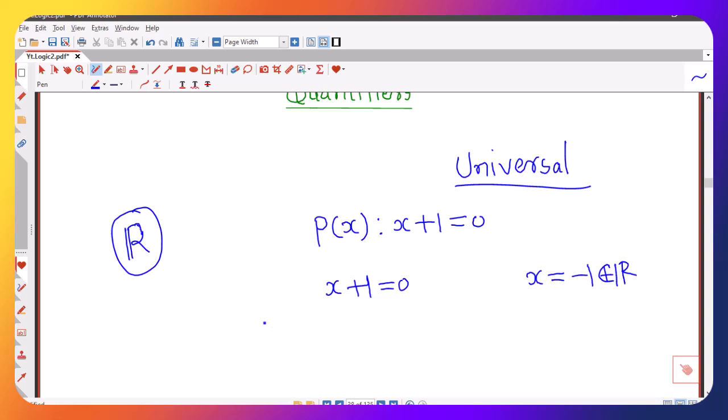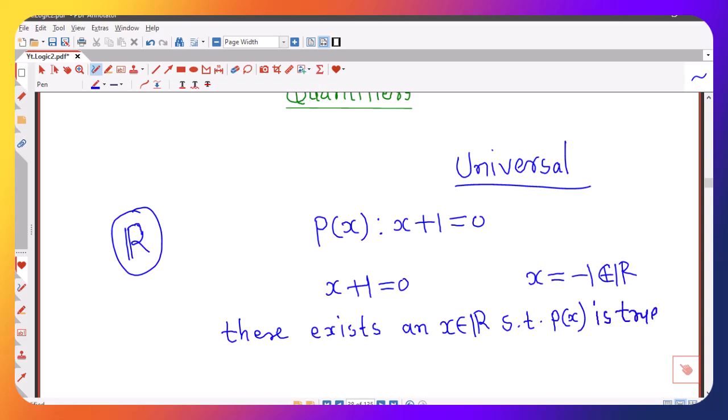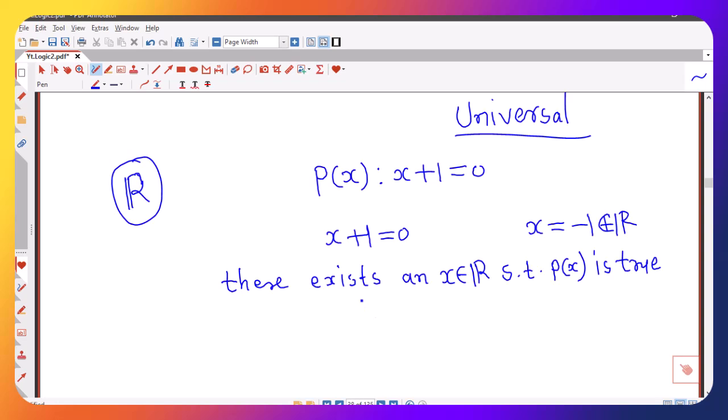So we can say that there exists a real number x, or there exists an x in the set of real numbers such that this statement function px is true. Or we can say that px is true for some x in the set of real numbers.